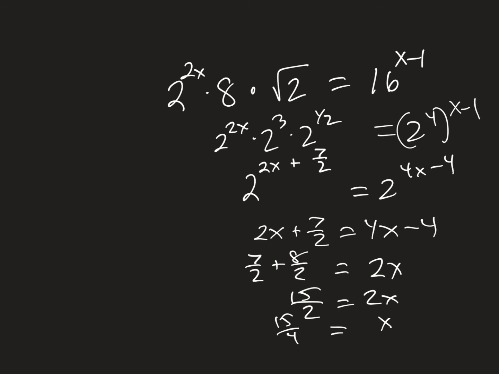That's nice when it works out that I can write everything in terms of the same base. Most of the time it doesn't. So that's when logs come into play. What if instead I had something like this, and I said solve for x. Let me just make something up.